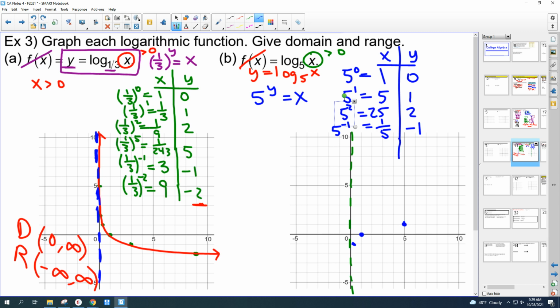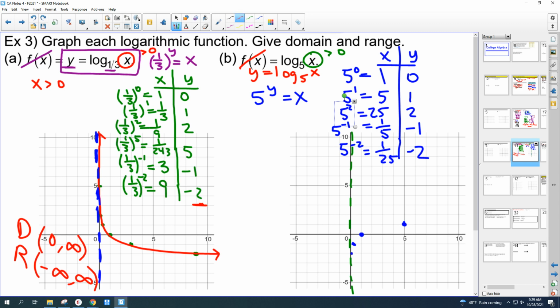If you plugged in -2 for y, you'd have 5 to the negative second power. Flip it, square it. That's 1 over 25. It's really, really small, but it's positive. It's to the right side of the asymptote, basically right next to that thing, okay?